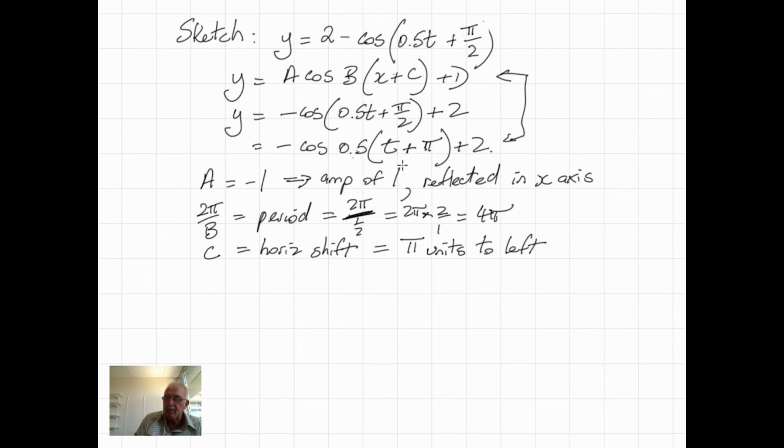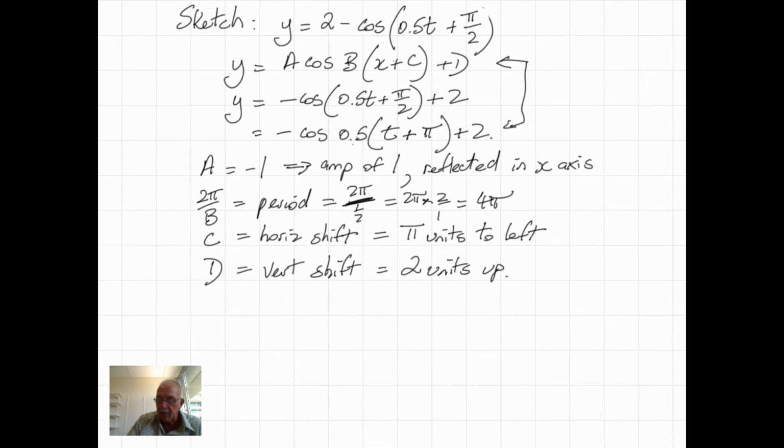If it is negative, we'll go to the right, pi units. And D is my vertical shift. That's 2, and because it's plus 2, it's 2 units up. Okay, let's see if we can put that all together in a graph now.